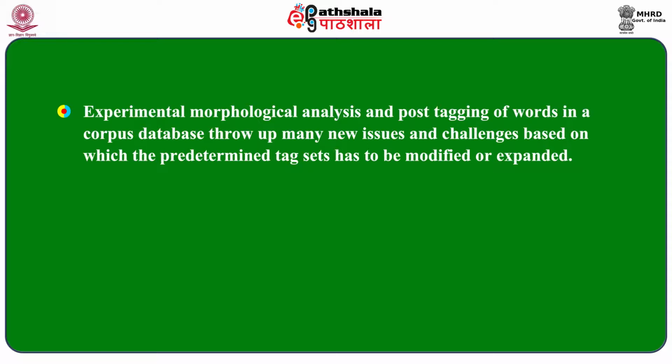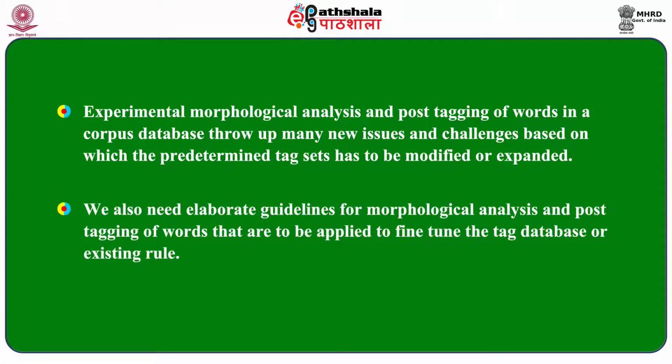Experimental morphological analysis and POS tagging of words in a corpus database throw up many new issues and challenges, based on which the predetermined tag sets have to be revised, modified, or expanded. Also, we need elaborate guidelines for morphological analysis and POS tagging of words, to be applied with our prior knowledge base to fine-tune the tag database based on existing rules for POS tagging.